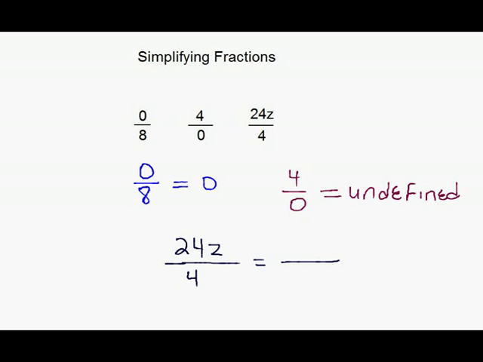And 4 will go into 24 6 times. So our answer is 6z over 1. Because 1 is the denominator, we can eliminate that 1, and our final answer is 6z. 24z over 4 simplifies to 6z.